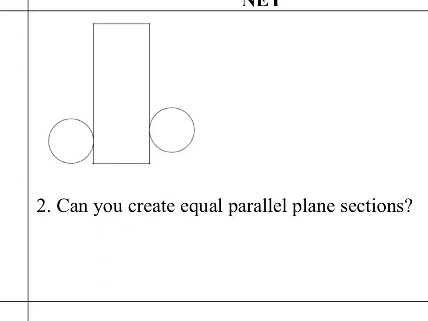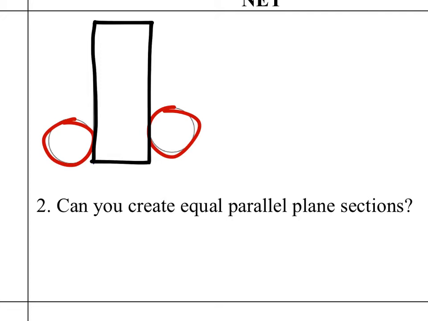So this one may be a little confusing, but what shape would this net make? Well, if we folded this up, this would give us... So I'm gonna make the circles the red part, and then this rectangle right here will be in black. You'll see. All right.